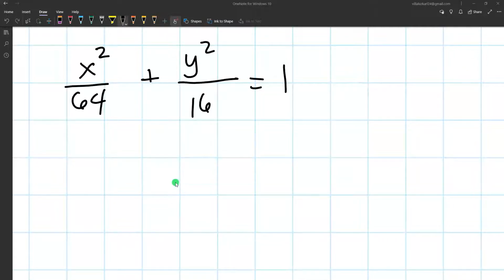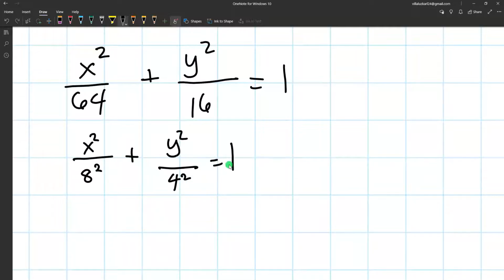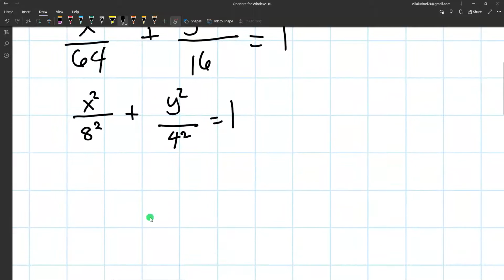The first question is to determine the major and minor axis. Here, we can easily change the given equation to standard form, since 64 is 8 squared and 16 is 4 squared. For a and b, a is the one that has the greater value on the denominator.